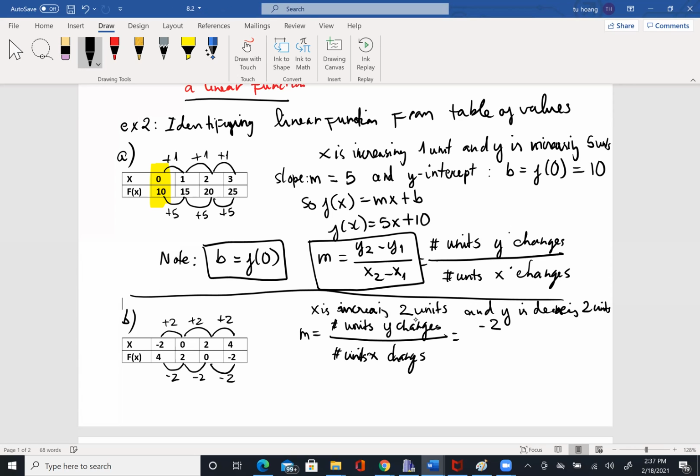So I put -2 divided by 2. Right, see that? And if you simplify it, you're going to have -1.